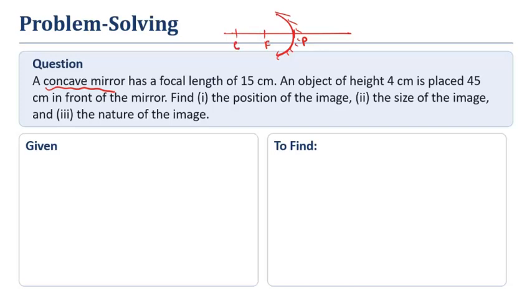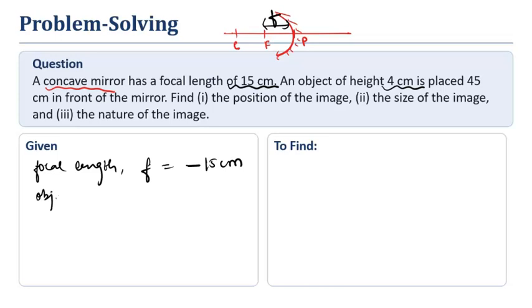So let's write what we have been given. First, we are given the focal length of the concave mirror. So focal length, represented with small f, is 15 centimeter. Now focal length is the distance between focus and pole that is in front of the mirror. This must be negative. Also we are given object height.